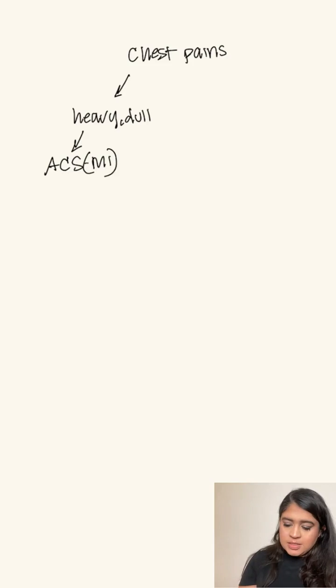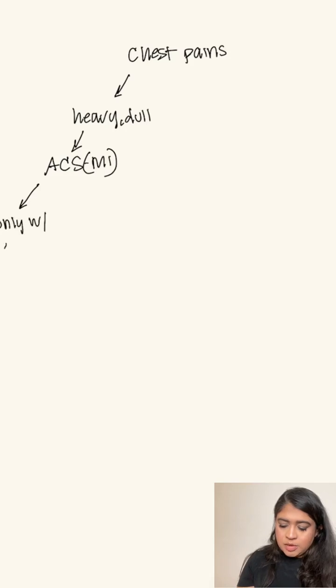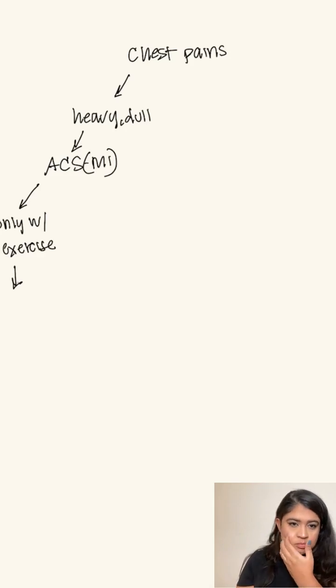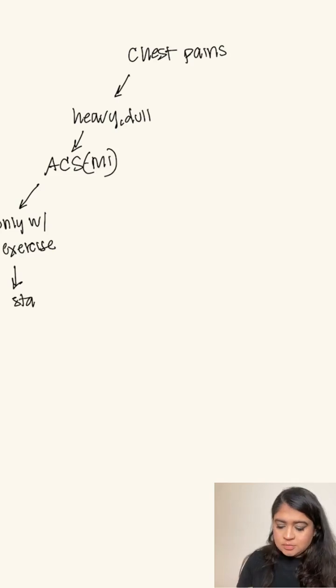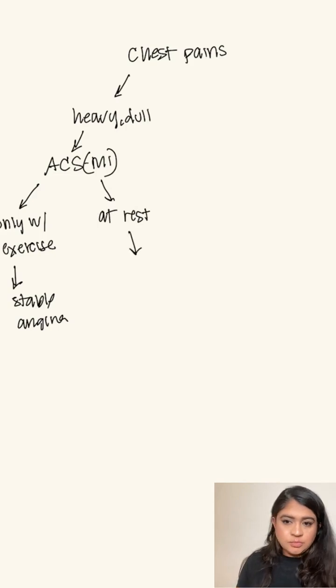If they say that the heavy dull chest pain is only during exercise, what would it be? Only with exercise, then you're thinking of stable angina. If they say it's even at rest, then you're thinking unstable angina.